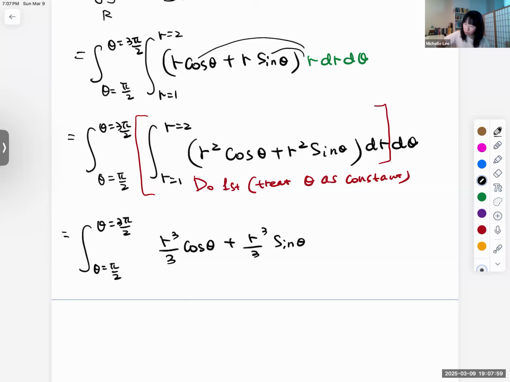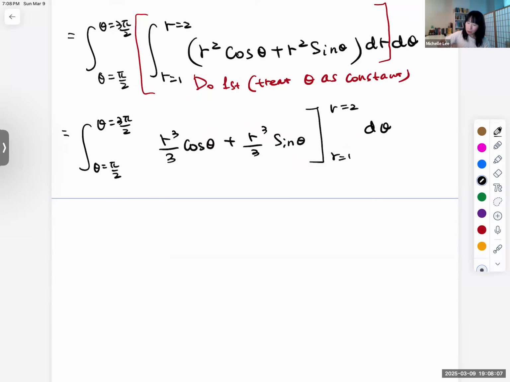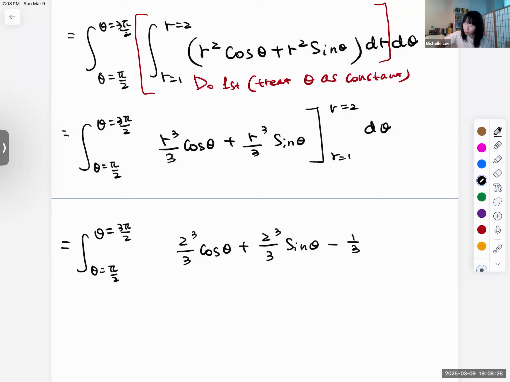All right, so we evaluate r equal to 1 to 2, d theta, right? Okay, so there will be 2 to the third power over 3 cosine theta plus 2 to the third power over 3 sine theta minus 1/3 cosine theta plus 1/3 sine theta, right? And d theta.